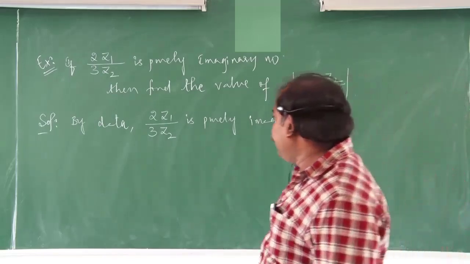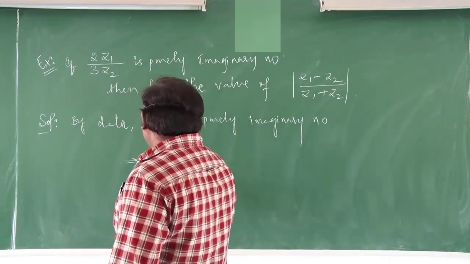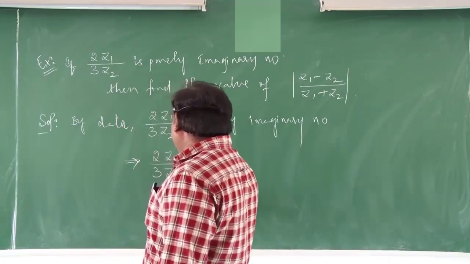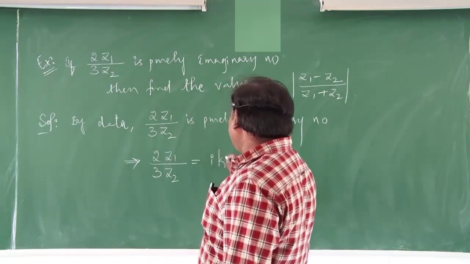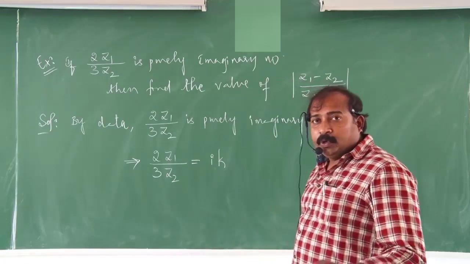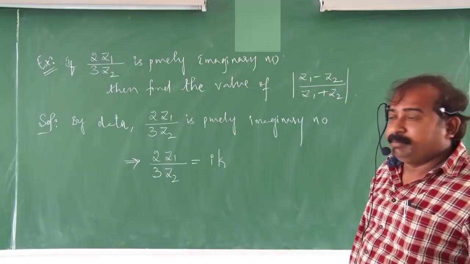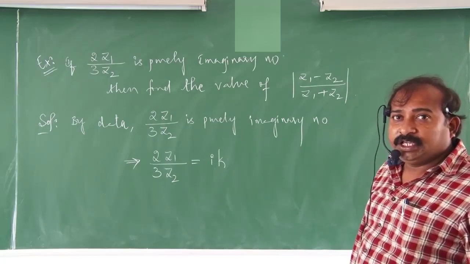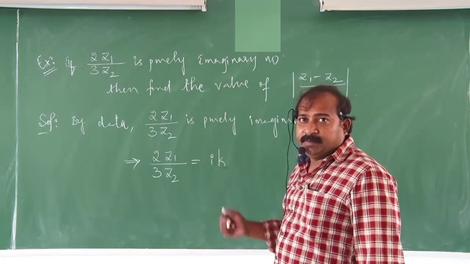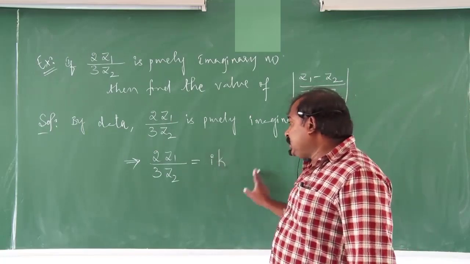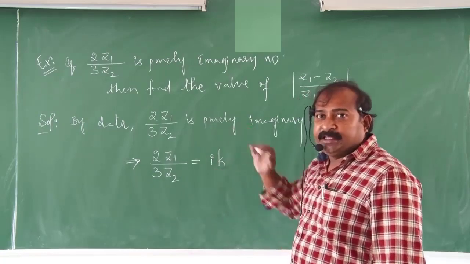So purely imaginary means you may take 2z1 by 3z2 equals some i into k. Purely imaginary means iota into some real number. Purely imaginary means in this complex number there is no real part. Then only you can say purely imaginary.